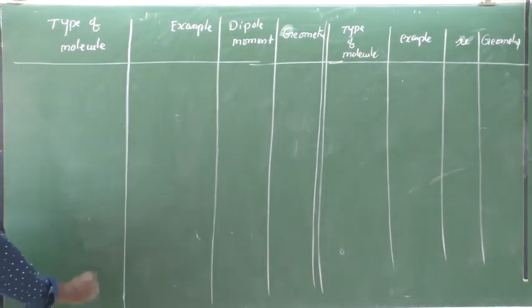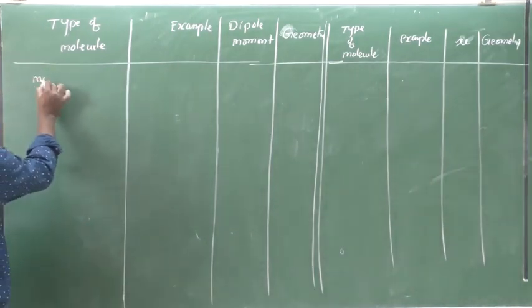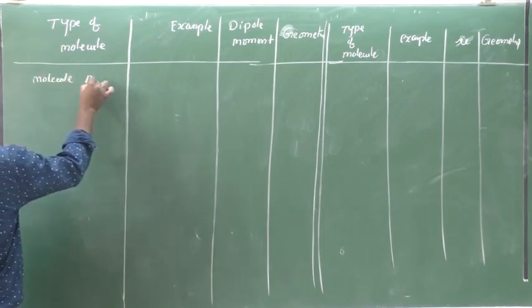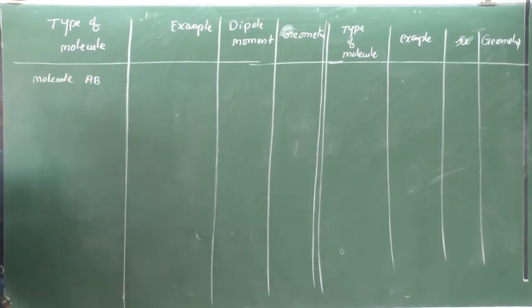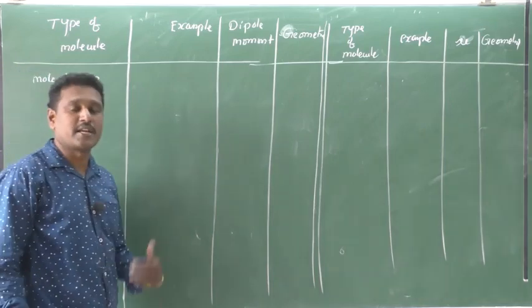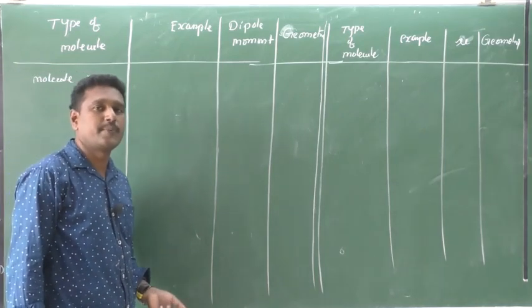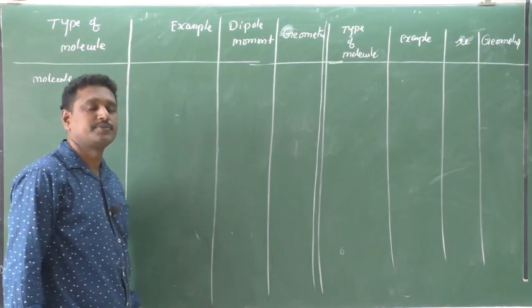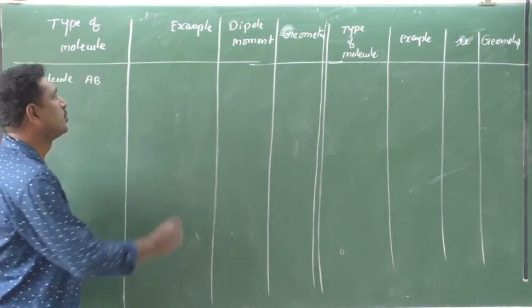AB type examples are HF, HCl, HBr, HI, H2.